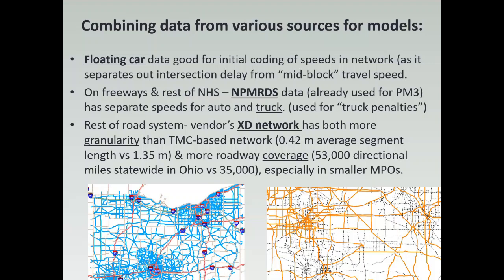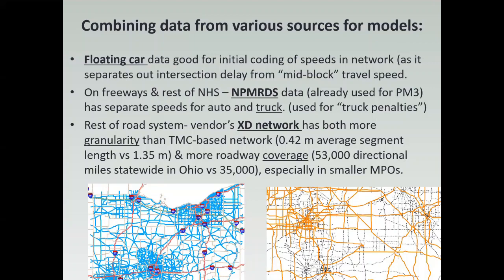I didn't even explain a couple of slides that I had in there related to railroad crossings, which is a separate thing I'll do for TRB. But yeah, that's about the floating car, because we're using it for coding of networks. It serves a somewhat different function for us than the GPS data, which is mostly going for the validation side, roadway segment by roadway segment for travel time.